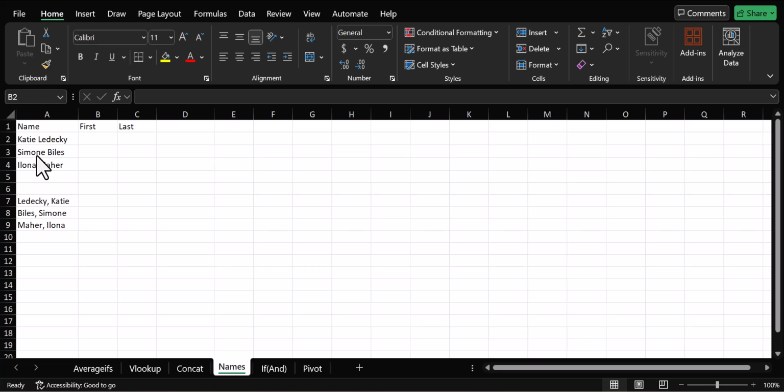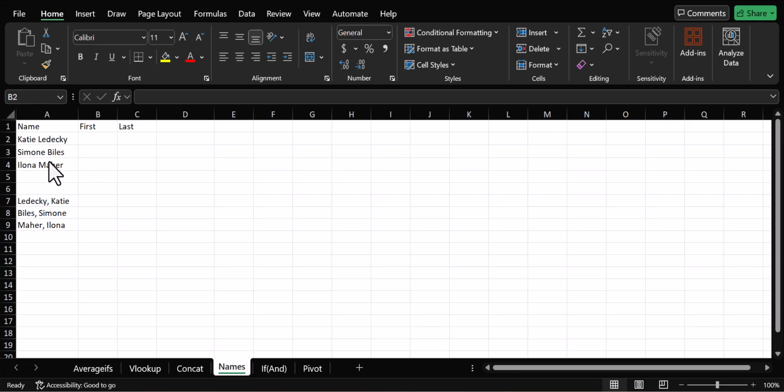Again, toy data set, watching the Olympics, etc. But if you have your names like this, where both the first name and the last name are in that same cell, but you wanted to sort by last name, that would be challenging to do. But it is possible to separate those two text sections by using a series of functions.